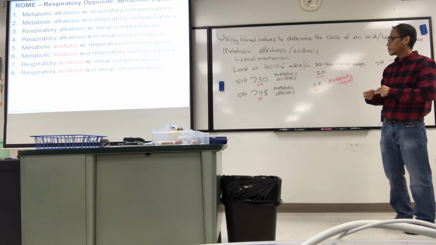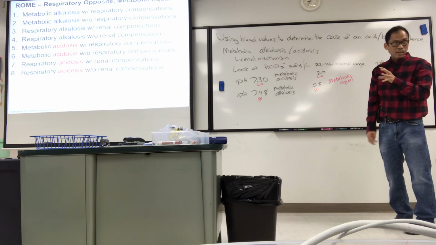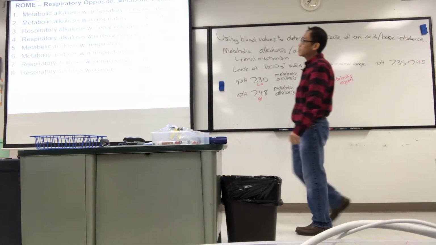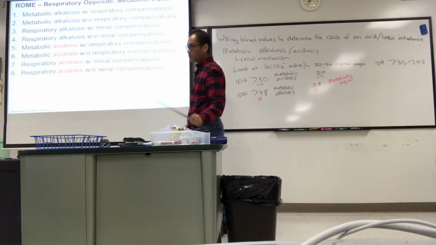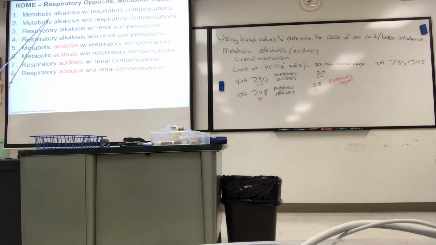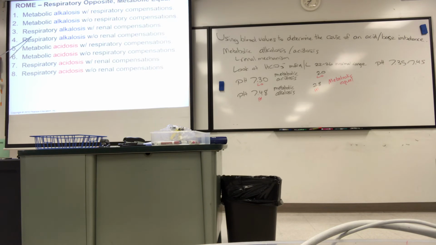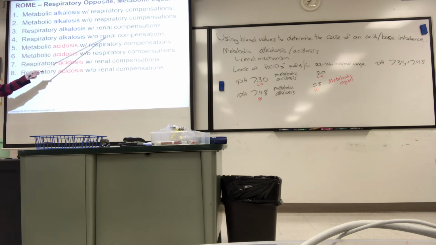All right, so the other thing that's kind of the kicker is, if one system is failing, let's say the kidneys are not doing well for you in maintaining acid-base balance, the question you have to ask yourself is, are the lungs compensating? Or, the reverse is true. If the lungs are failing you, are the other organ systems helping you? Are the kidneys helping you? So that's the other thing you have to consider, okay?